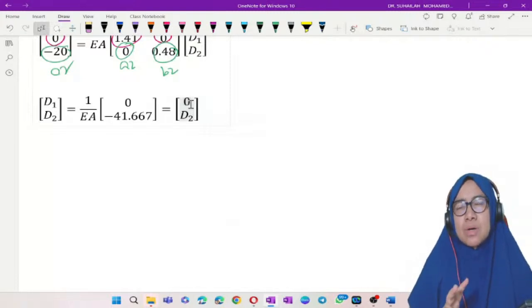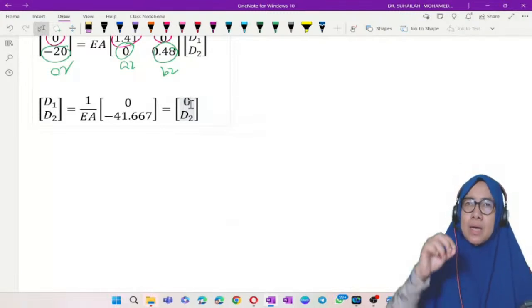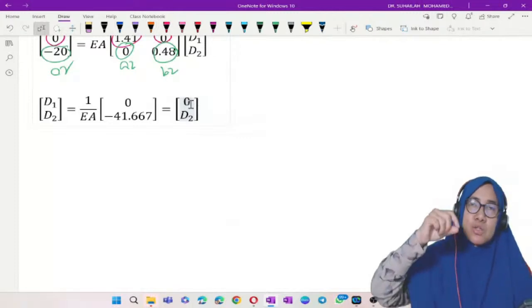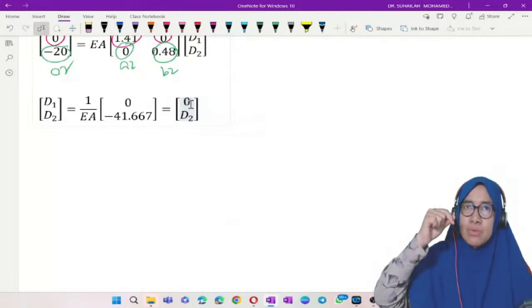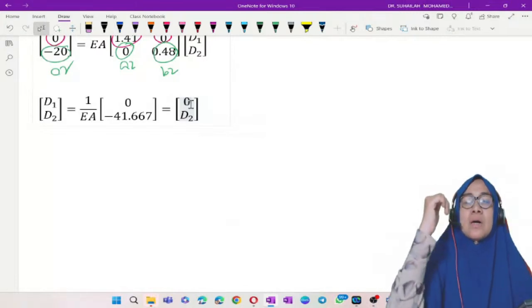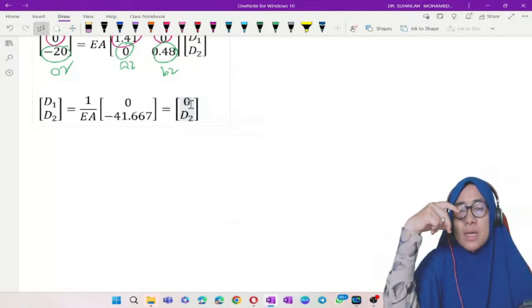There is no horizontal displacement at node number 3 because there is no horizontal force. There is only one force, which is the vertical force at node number 3. That is why joint 3, which is not a support joint, will move downward.